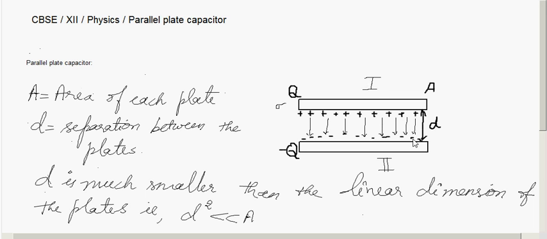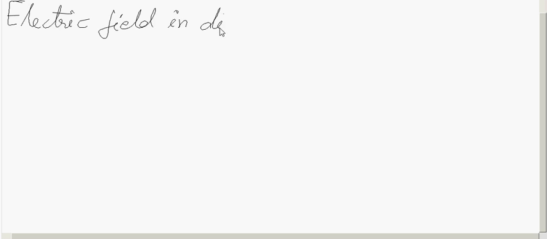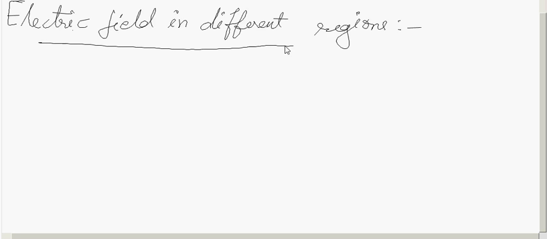We will calculate the electric fields in different regions. First is region 1, that is, the outer region.